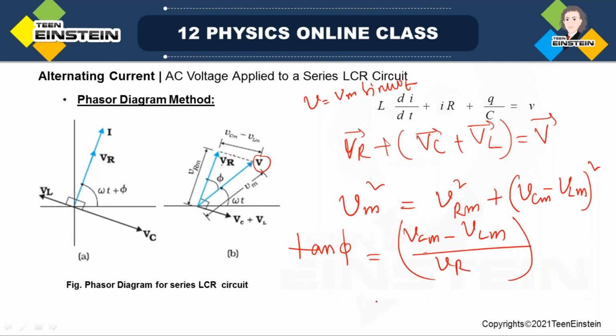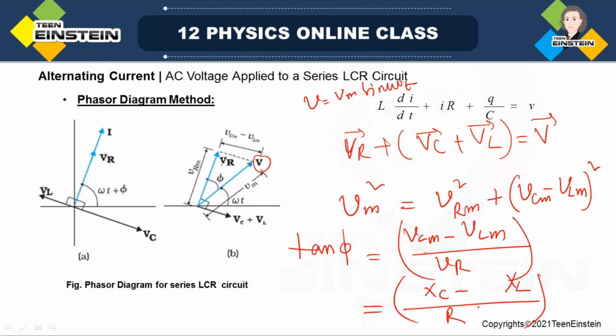Or in another way, Vcm is Im into Xc, minus Im into XL. This is capacitive reactance, this is inductive reactance, and this is Im into R. So this Im goes off, and what you get is Xc minus XL. So tan phi is equal to Xc minus XL divided by R. This you can also write.